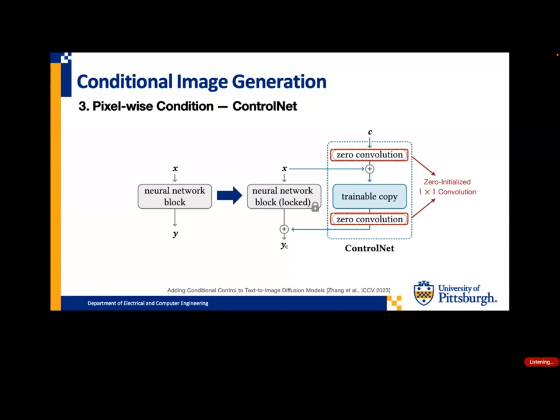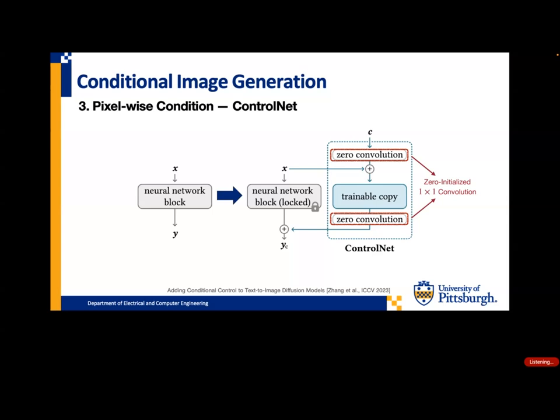For the condition, it goes through this zero convolution, is added with the trainable copy, and then added back to the noise. Essentially, we are using this trainable copy to learn from the skeleton, so that roughly you should follow that skeleton.